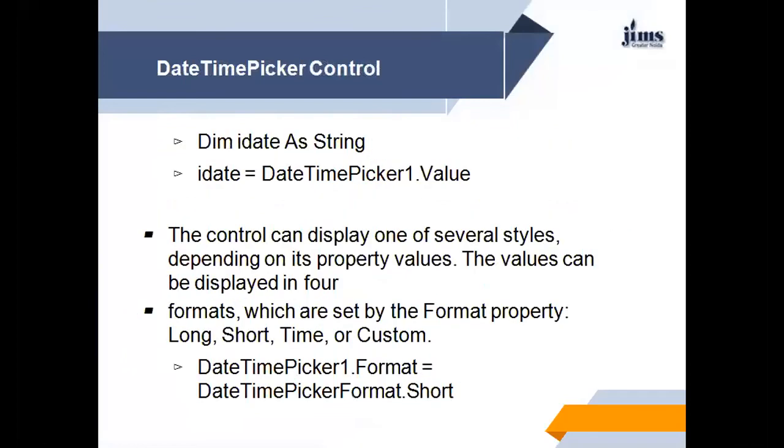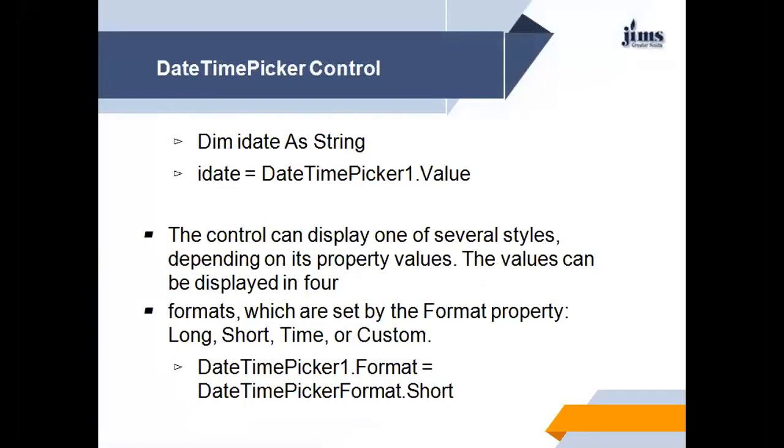So let's see how we will make the variable: Dim iDate As String, iDate = Date. Here Date is a class. So DateTimePicker1.Value. Now the control can display one of several styles.